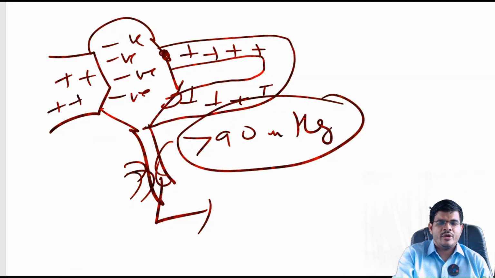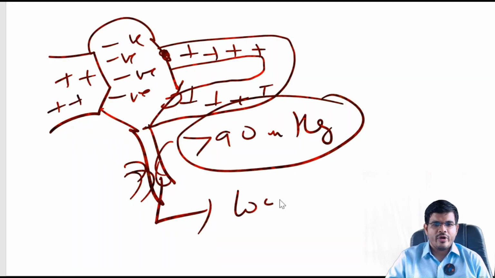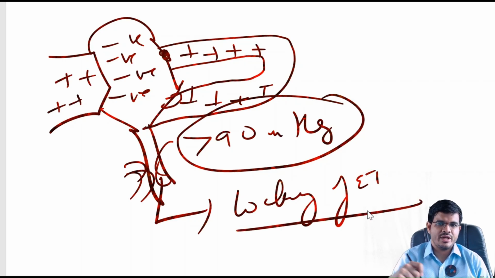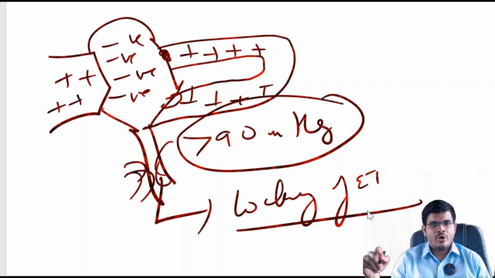Okay, so if locking of the eustachian tube occurs, what happens is that when there is an increase in pressure when you are going down, what is going to happen?